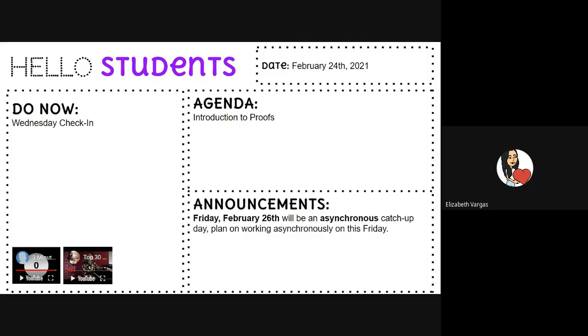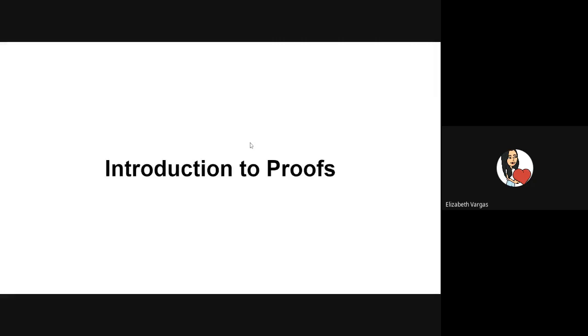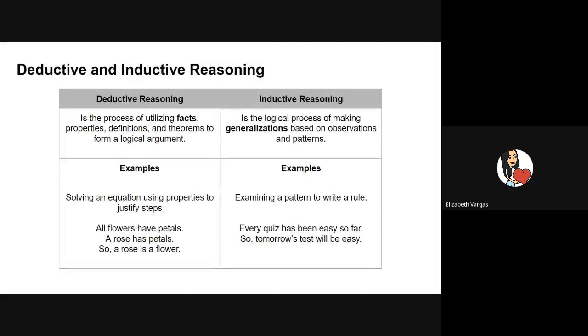Perfect. Okay. So let's go ahead and jump into introduction to proofs. We have 2 different types of reasoning that we see, whether in math or in logic, and those are deductive and inductive reasoning. Deductive reasoning is the one we're going to work through today. It is basically the process of utilizing facts, properties, definitions, and theorems to formalize a logical argument.